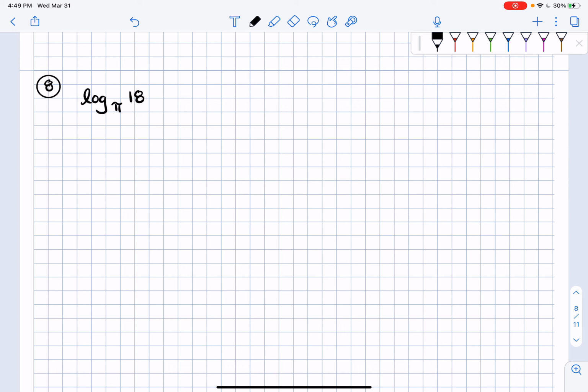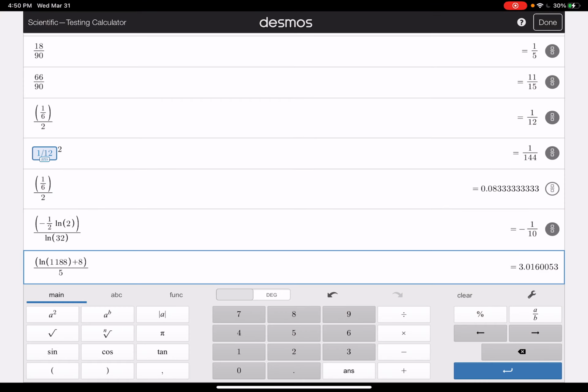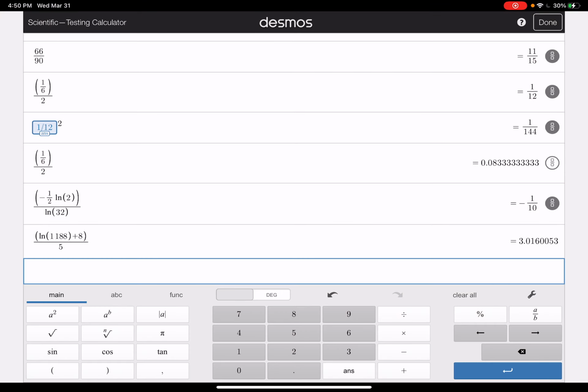8. All right. So this is a change of base. Okay. So to change the base, it will be log of 18 divided by the log of pi. And let's see what that gives me. So let's hit enter here.